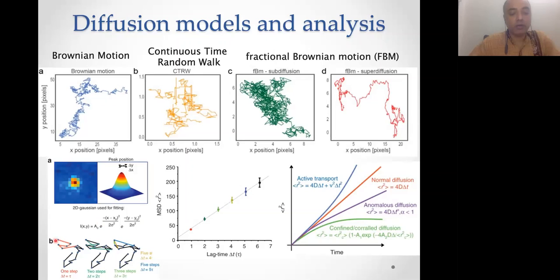What you're doing is calculating (x2 minus x1) squared plus (y2 minus y1) squared, adding them together, and that squared distance is what is plotted as a function of the lag time, which is the time from this point to this point, or the next point, or the next point, color coded for how long these distances have been traveled.